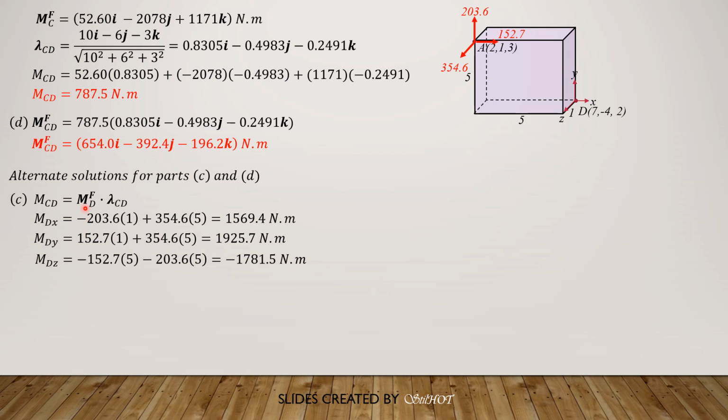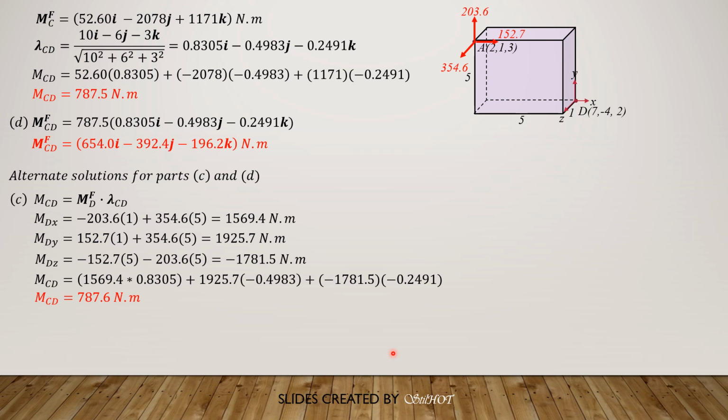Since the moment of the force about CD is the dot product with lambda CD, it is simply the sum of the products of corresponding components, so it is 1569.4 times 0.8305 plus 1925.7 times negative 0.4983 plus the quantity negative 1781.5 times negative 0.2491. So MCD is 787.6 Newton meter. There's a discrepancy of 0.1 Newton meter, and that is understandable because we rounded off values, remember.